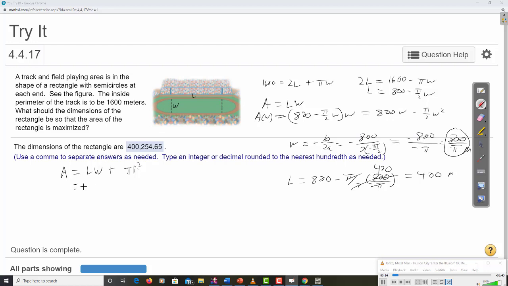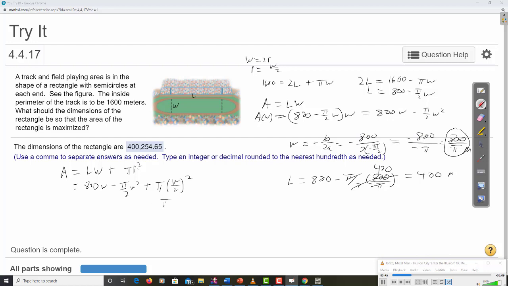Well, if we plug in, the same thing we had before, we still have this 800w minus pi over 2 w squared. But we also have, let's see, w would be 2r, so r would be w over 2, plus pi times w over 2 squared.